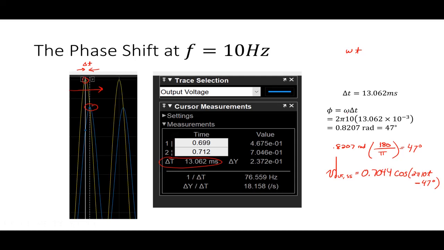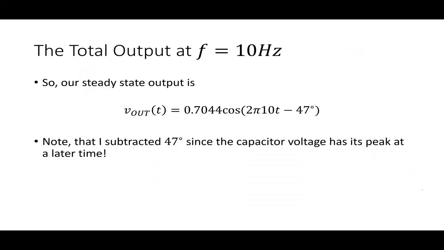This peak occurs at a later time, about 13 milliseconds after this peak. So I pulled the yellow input to the right to get it to have that same peak time. That's a negative phase shift. So that's our output. I subtracted the 47 degrees because the capacitor voltage has its peak at a later time.